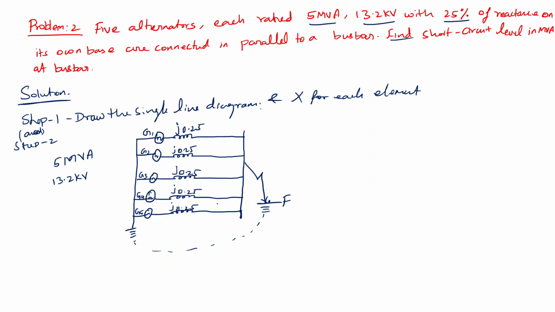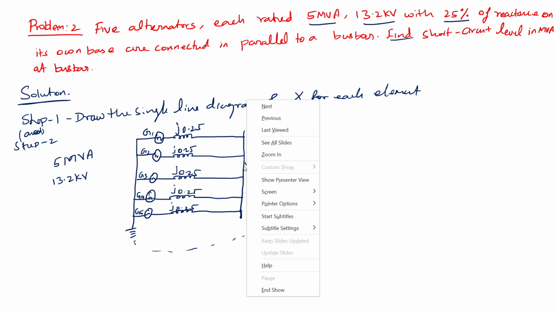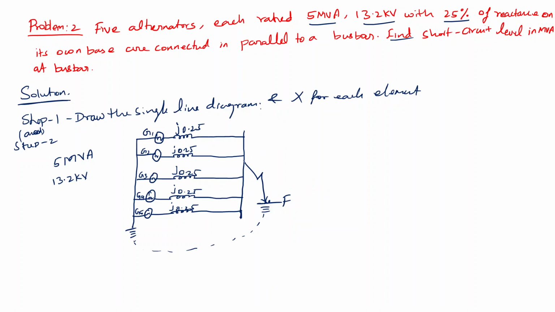But in examination you may split the steps so that step marks will be given to you. So don't mix the steps. For simplicity I am writing like this. But in examination you may take one more step also to find out the reactance of each and every generator.